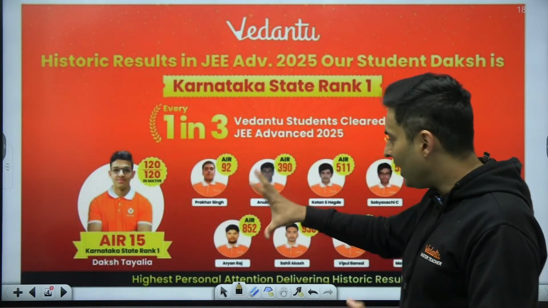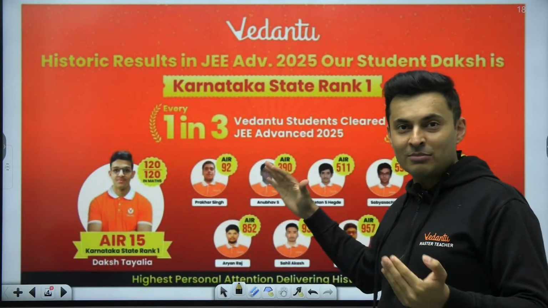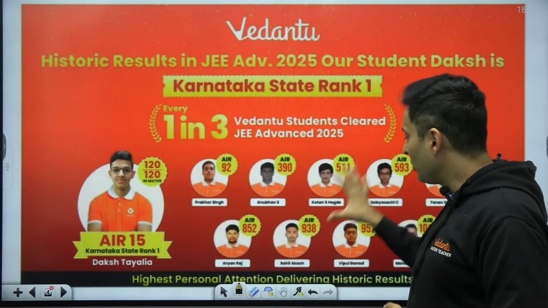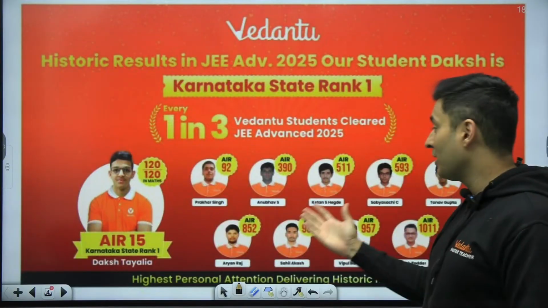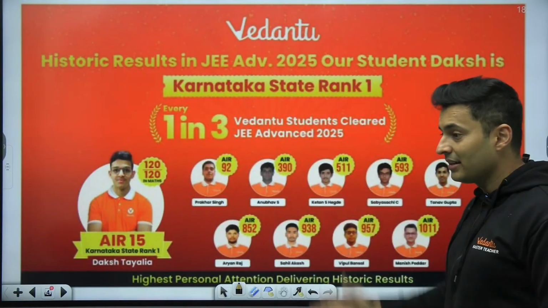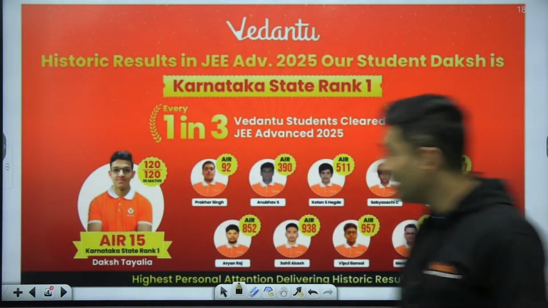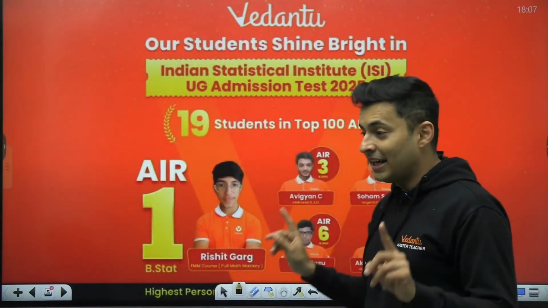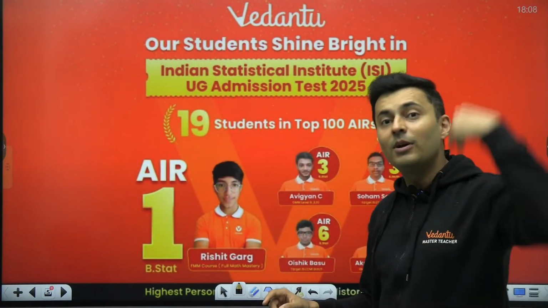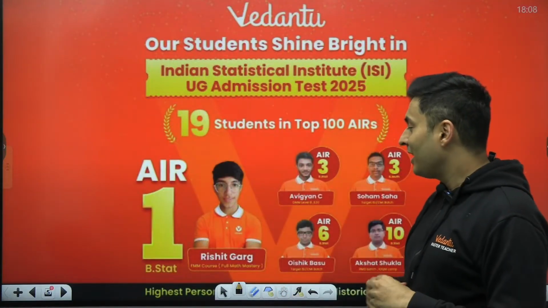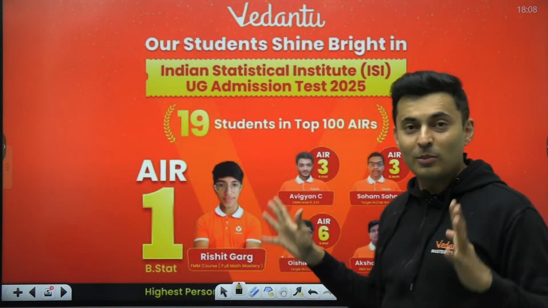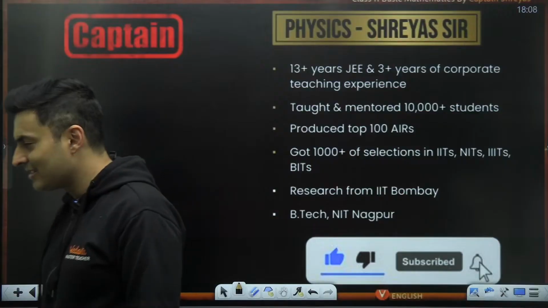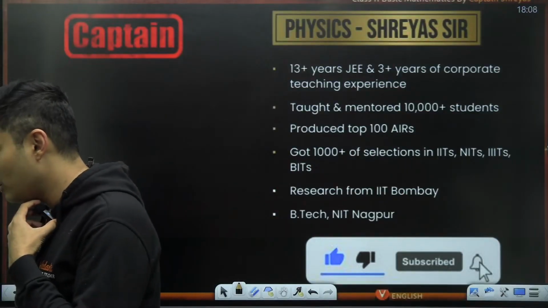Kudos to all of you. I think I will see you after 4 years or 3 years or God knows when, on this leaderboard. Just like how Daksh made us proud by getting 120 out of 120. Prakhar, Anubhav, Ketan even did so well in the KCT exam. Yeah, beat Aryan, Sahil. And of course, we had the ISI All India Rank 1, which is the toughest exam, even beyond the JEE Advanced level. Yeah, Rishit, who made us very, very proud this year. Last year too, we had All India Rank 1 from ISI. It's a pure mathematics exam, right? So let's see, guys, very soon. You guys are going to make us all proud.